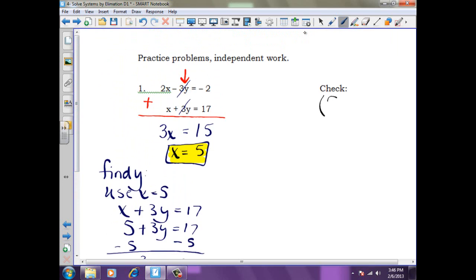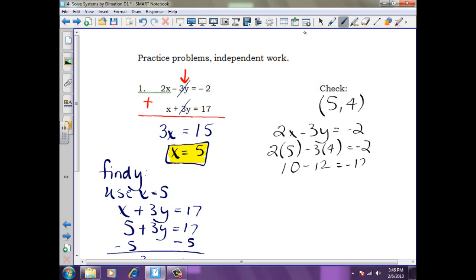Let's check 5, 4. Original equation, before you've manipulated it to move it, substitution, do both sides equal each other. First equation checks. I'm sorry, that should have been a 2.